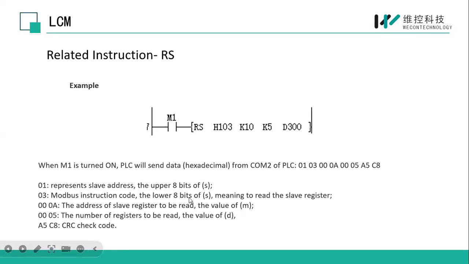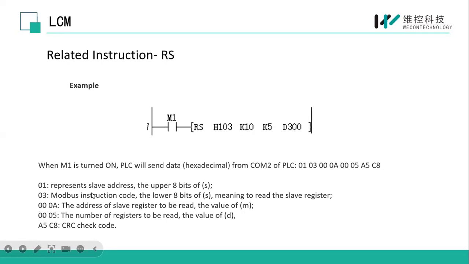And the lower 8 bits here are 03. 03 means reading the slave registers. It can also be 06, 10 or 0F. They have different function codes.